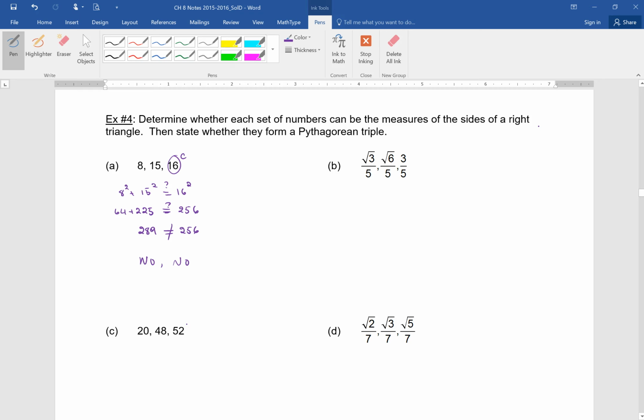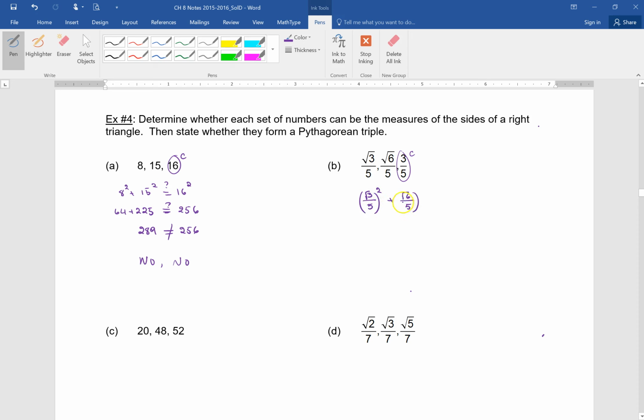Which one would be C here? Well, you have a root 3, that's smaller than 3, so that's not it. Root 6, is that bigger than 3? No, so 3 over 5 must be your C. Don't just always assume that it's the last one, because sometimes you might be tricked.